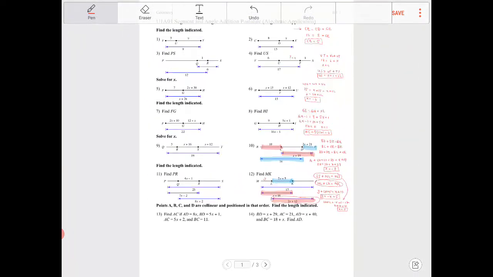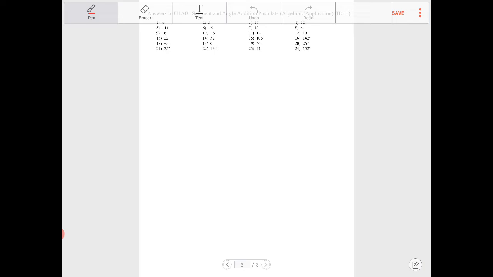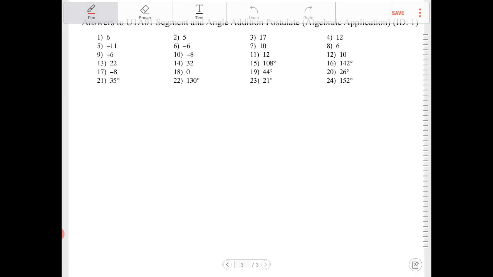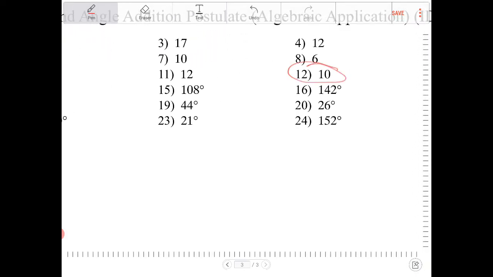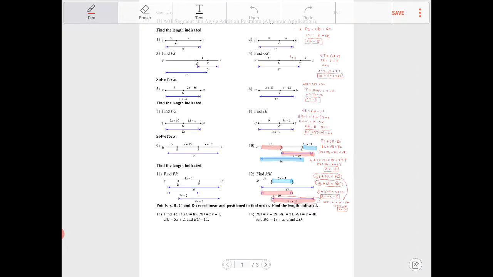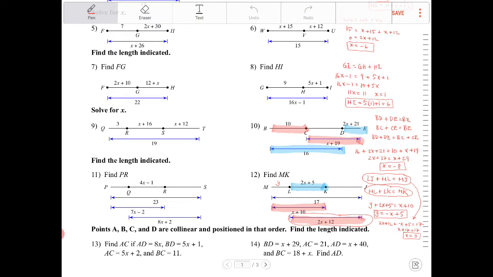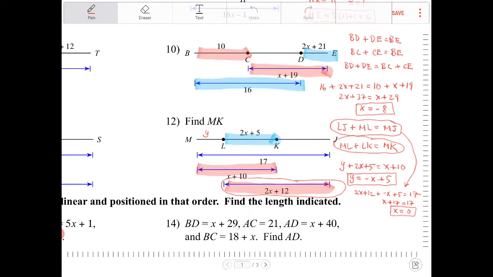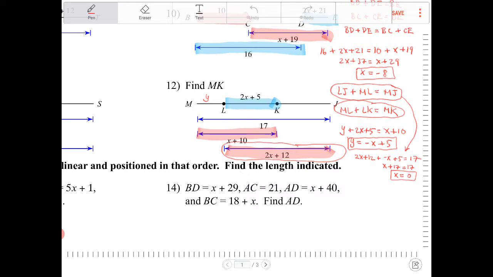Let me just double check that, because sometimes when a problem is involved, it doesn't hurt to just double check. It says 12 is equal to 10. Let me see here, what did I do wrong? Oh, that's because I didn't solve for the problem. I need to solve for MK.